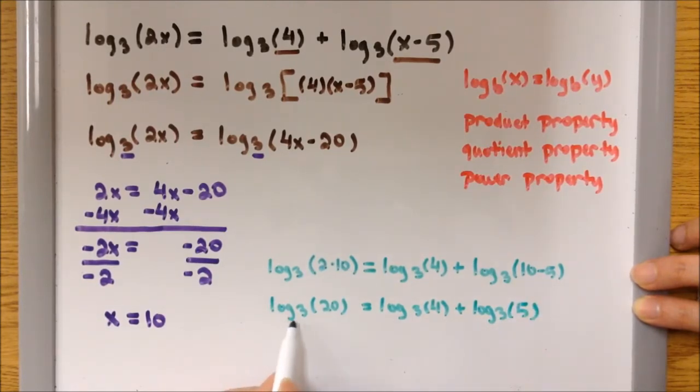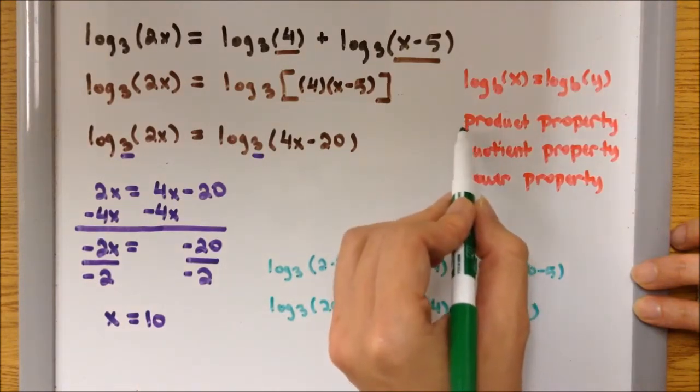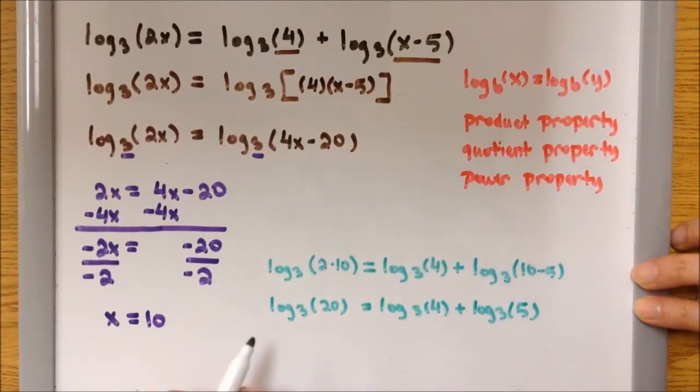Now, is log base 3 of 20 equal to log base 3 of 4 plus log base 3 of 5? Is that true? Since we have multiple logs, it is the same as applying the product property, we combine as one single log. So log base 3 of 20, and then I'm combining these two logs as one again.